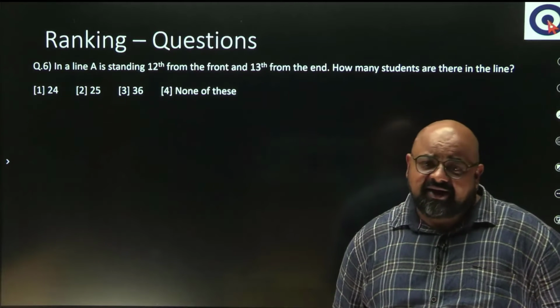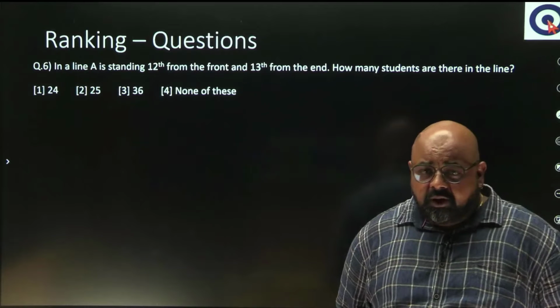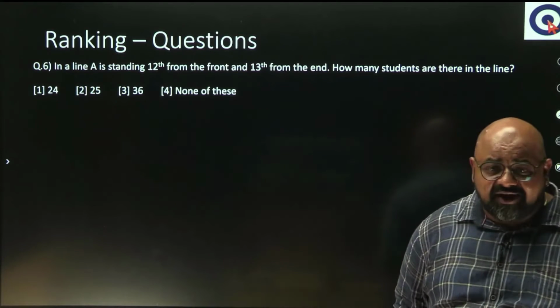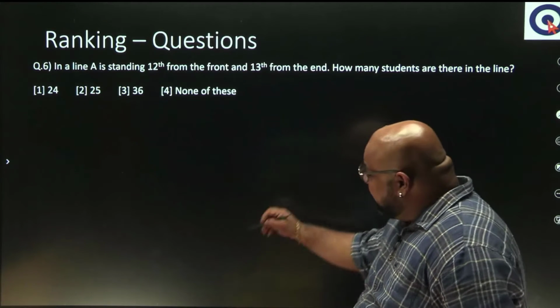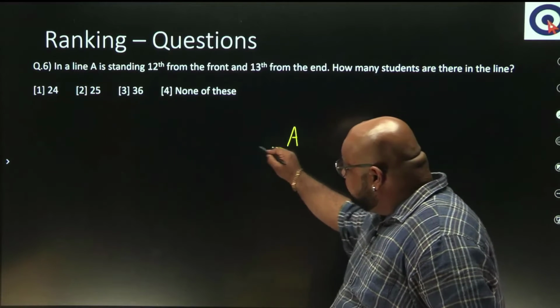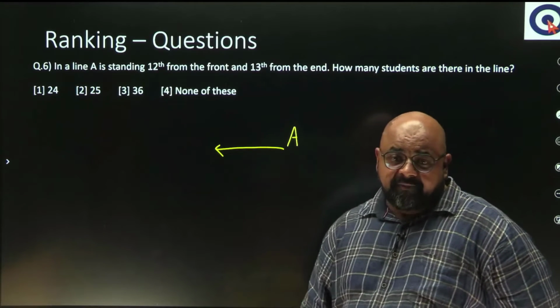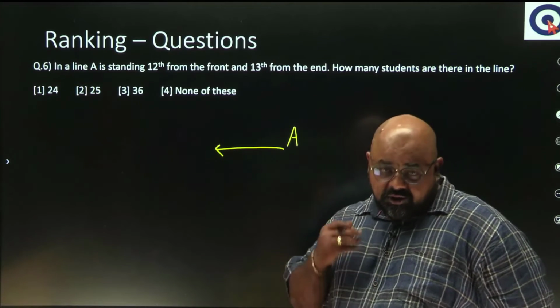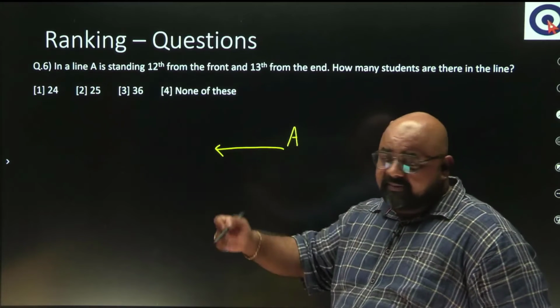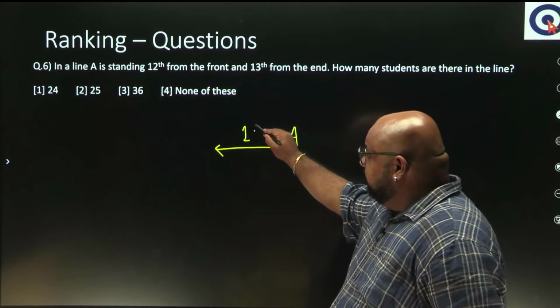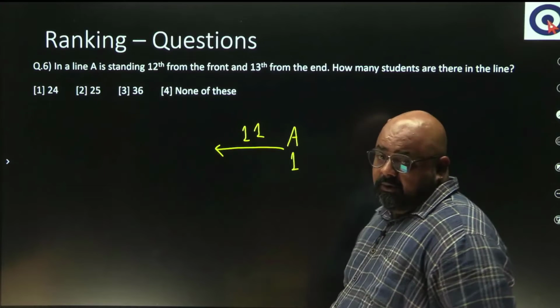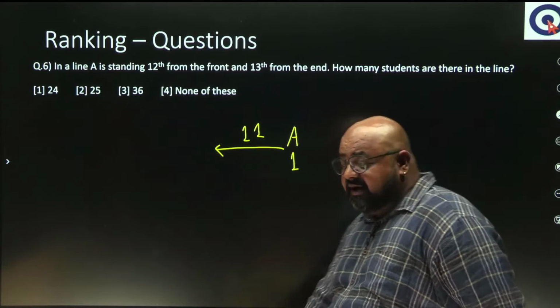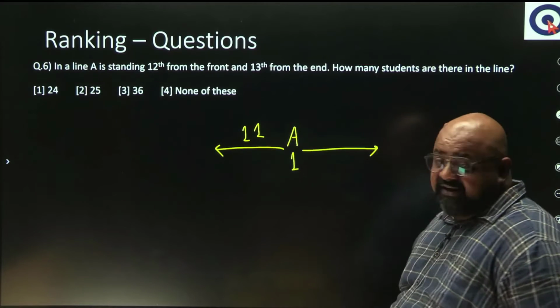The best idea is to draw the line and see. So if A is 12th from the front end, that means how many people will be standing before A? A is 12th from the front. So if I am 12th, there have to be 11 people in front of me. Then comes A. And A is 13th from the end. So how many people will be there after A?